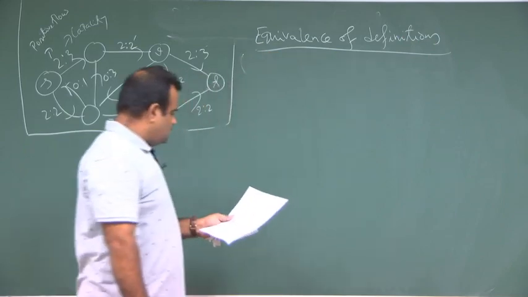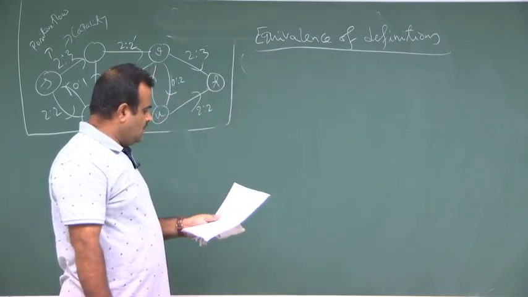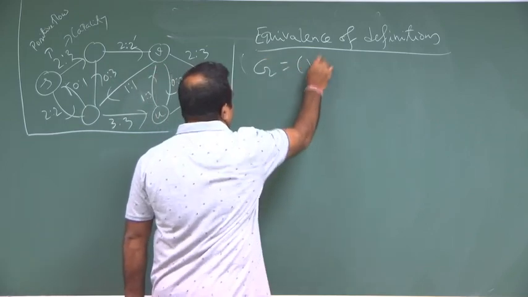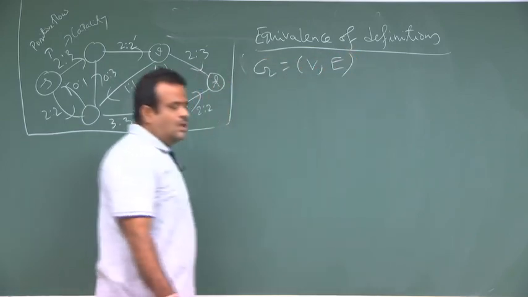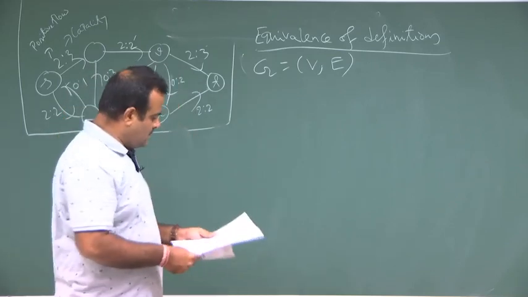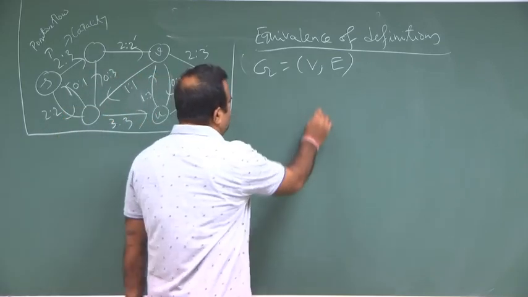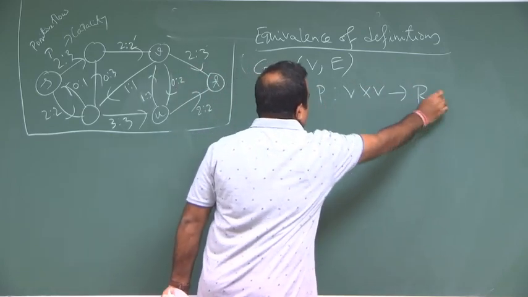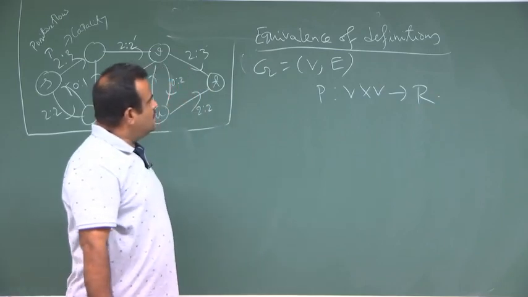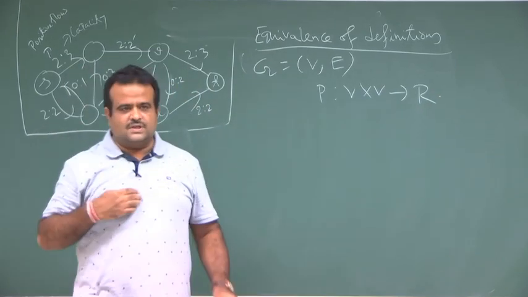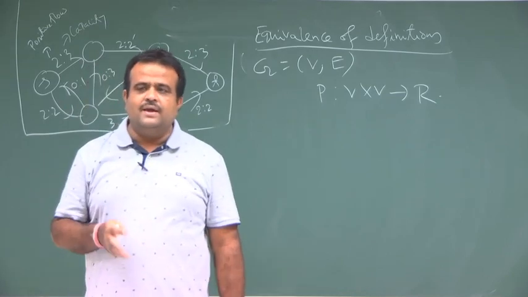Okay, so first one, suppose we have a flow graph. Now, suppose we have a positive flow p on this graph. Now, we have to get a net flow.